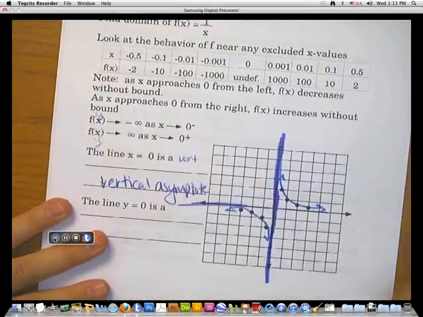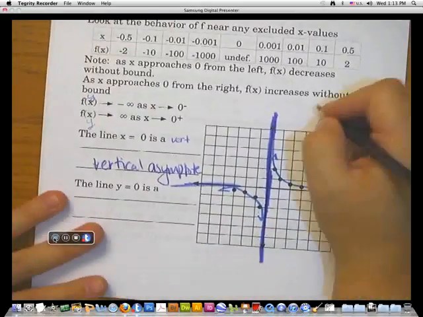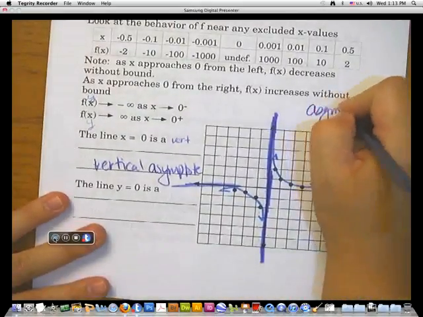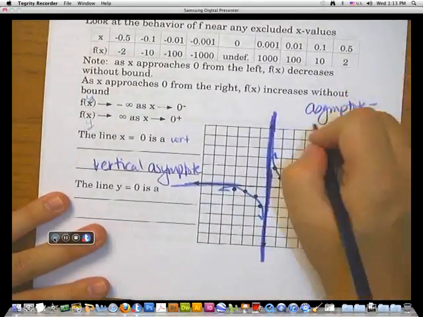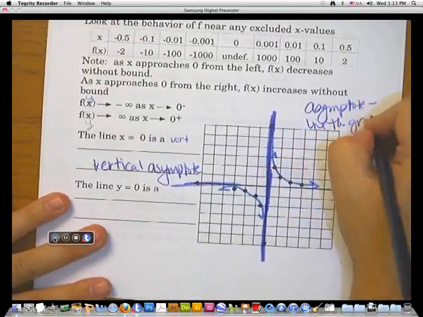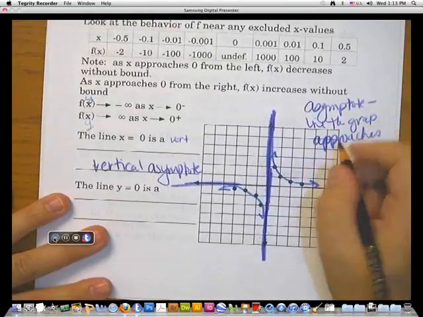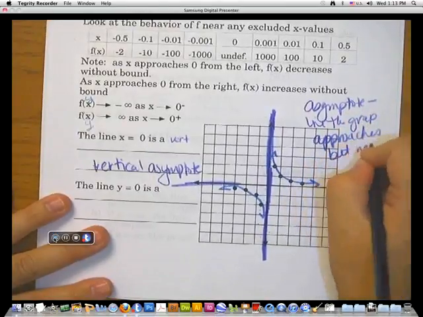And hopefully we remember from previous years that an asymptote is a line the graph approaches but never touches.